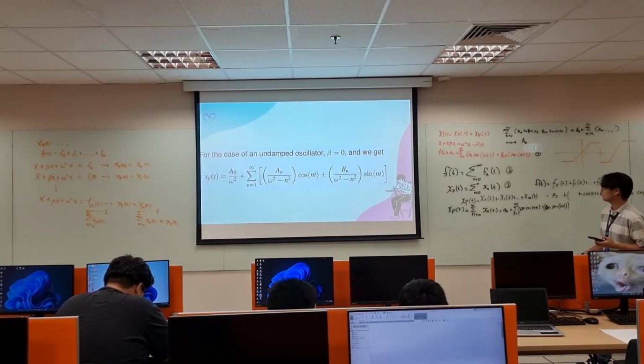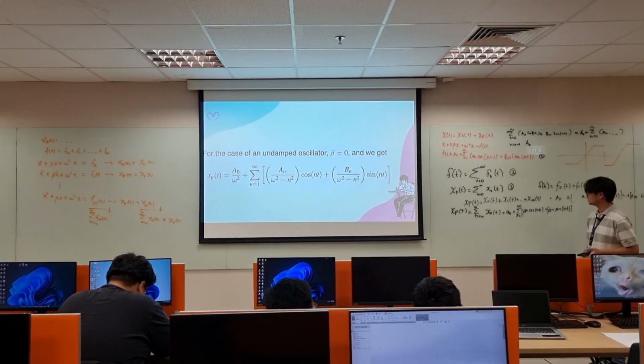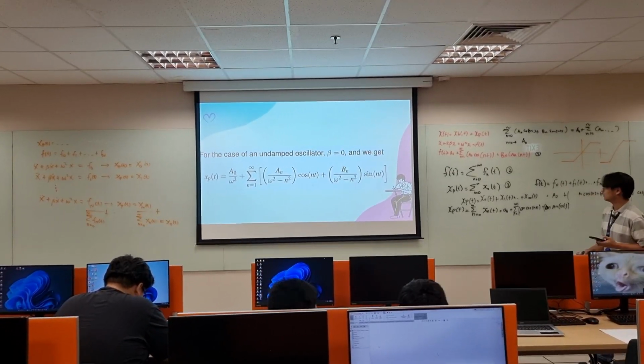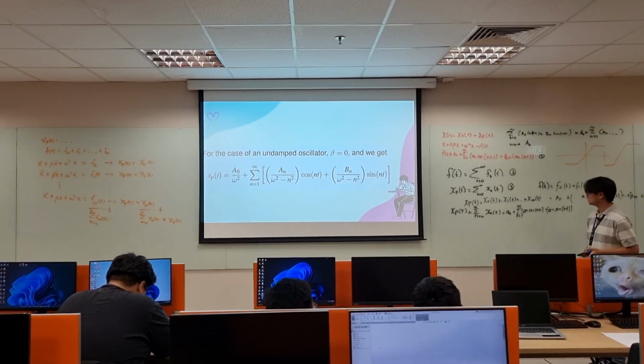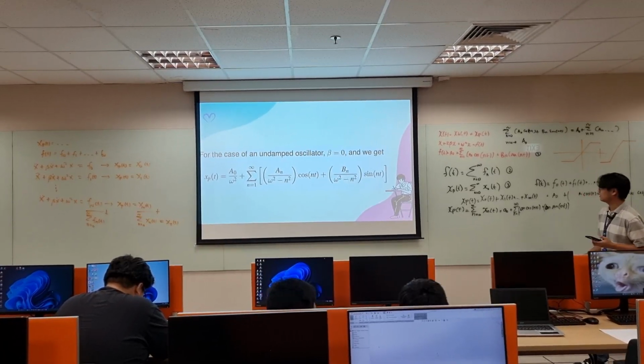Then take the second derivative. We find x_p double dot t is also equal to the sum from n equals 0 to infinity of x_n double dot t.